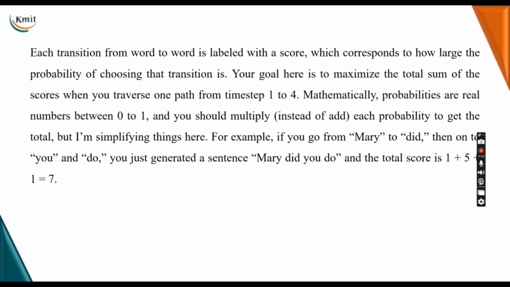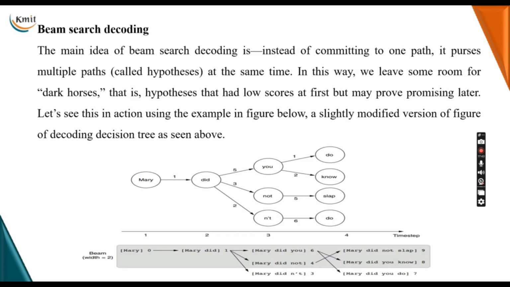Now if you have multiple words, then you'll have a problem, right? So for that reason we go for beam search decoding. The main idea of beam search decoding is that instead of committing to one path, it pursues multiple paths, called hypotheses, at the same time.